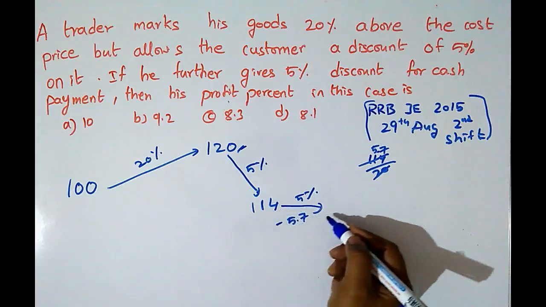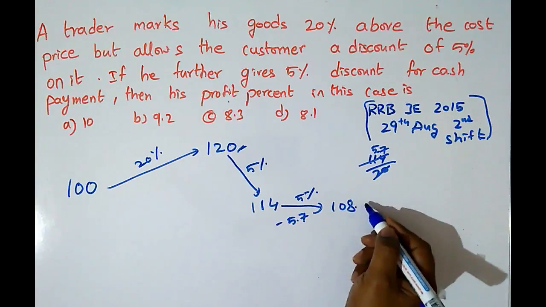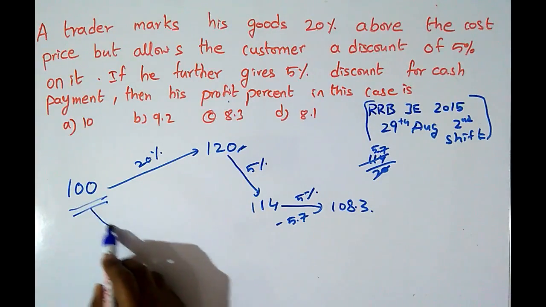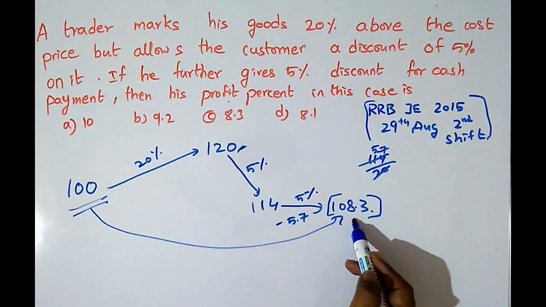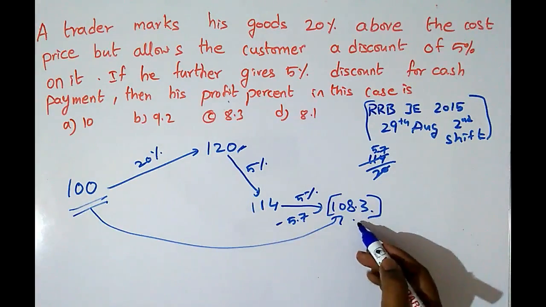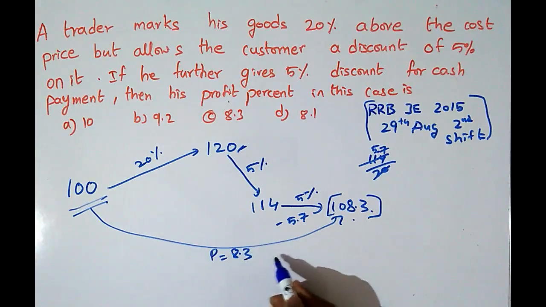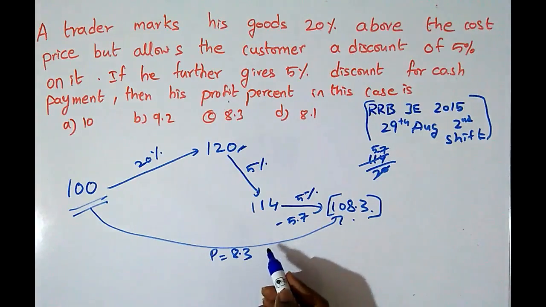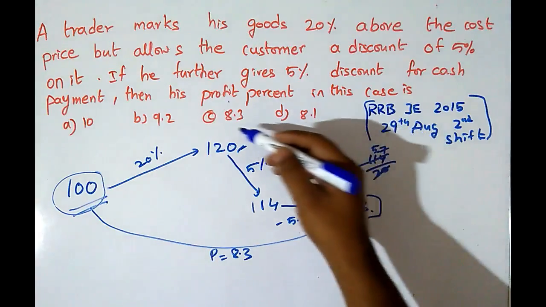By subtracting 5.7 from 114, we get 108.3, friends. See here, the cost price is 100. At last, the selling price has come down to 108.3 from 120. From this, we can get the profit is 8.3. In the same way, profit percent is also 8.3% as we have taken 100 as CP.